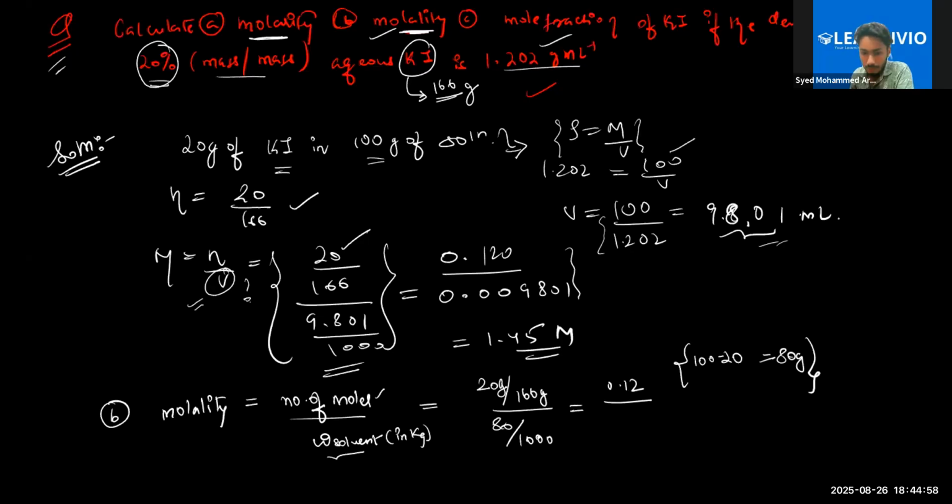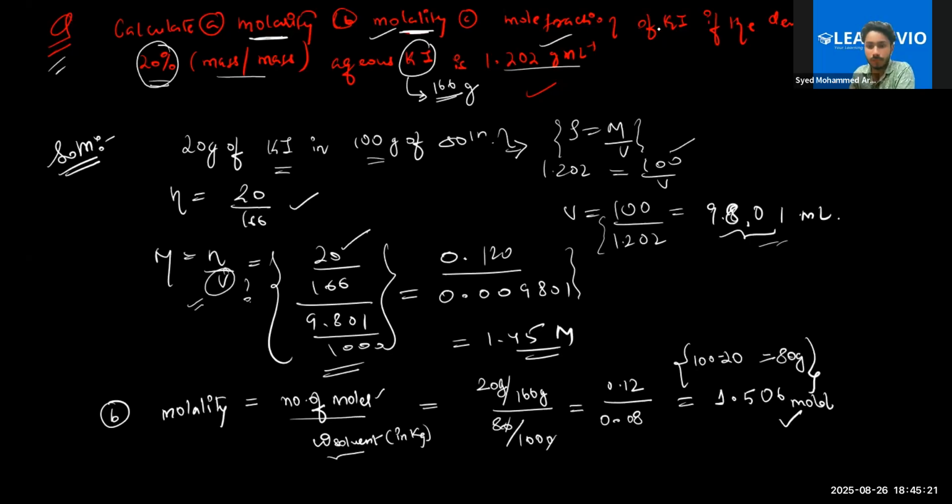And 80 divided by 1000 is 0.08. If I divide 0.12 by 0.08, I'll get 1.5 as my answer, and this is in molal.